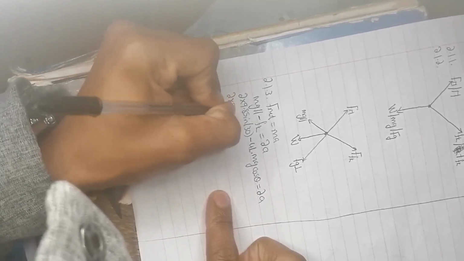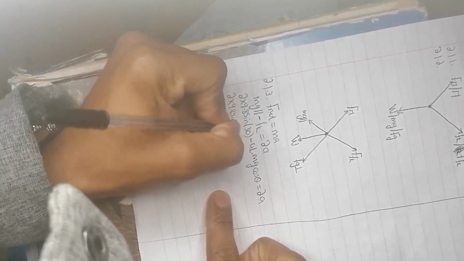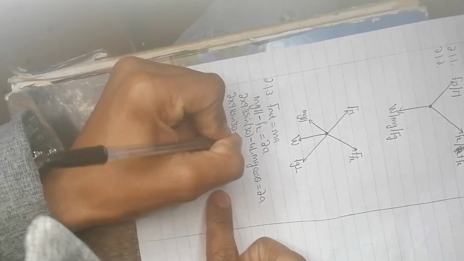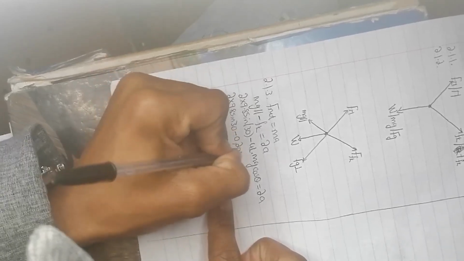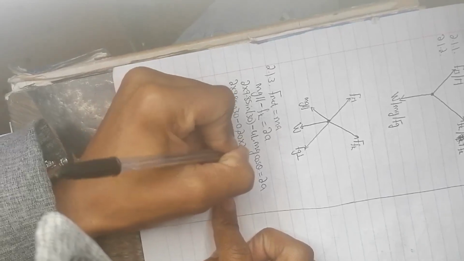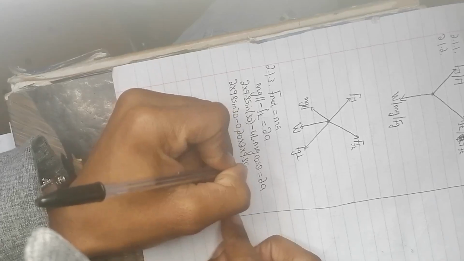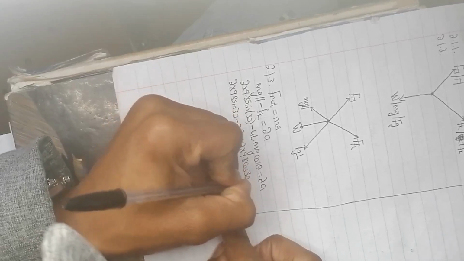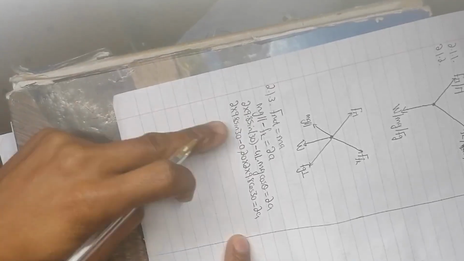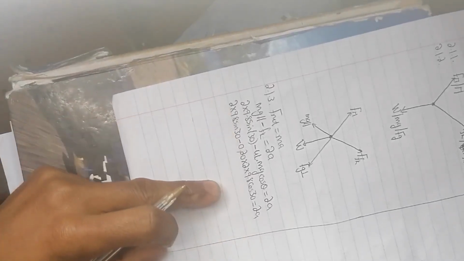So 2 times 9.8 times the sine of 30 minus 0.20 times mass 2 times 9.8 times the cosine of 30 degrees equals 2a. I can find the value for this.